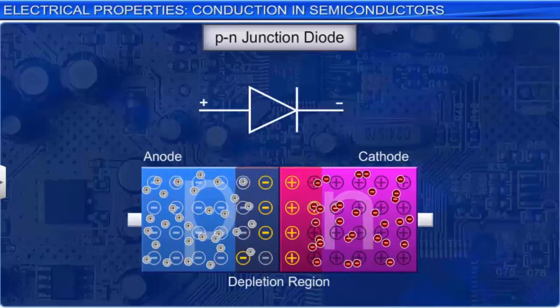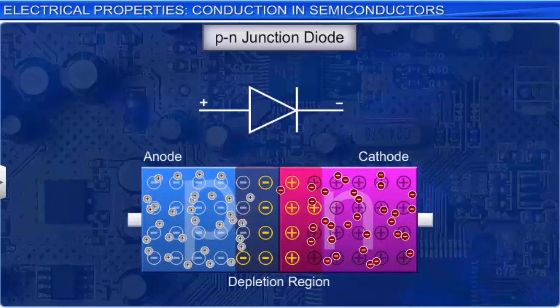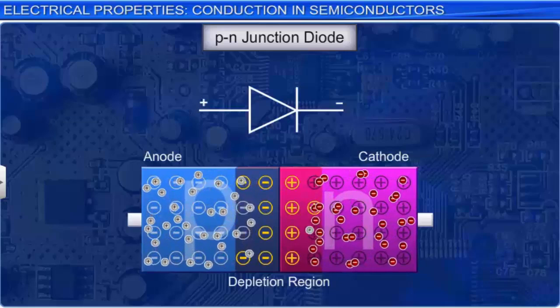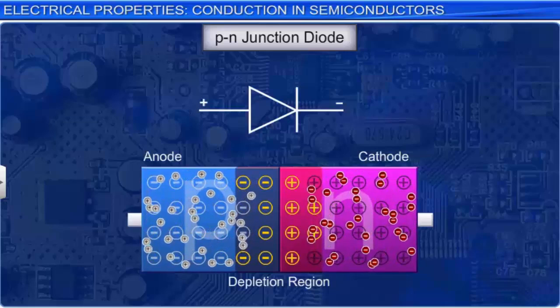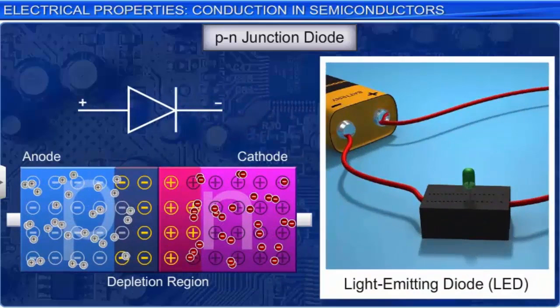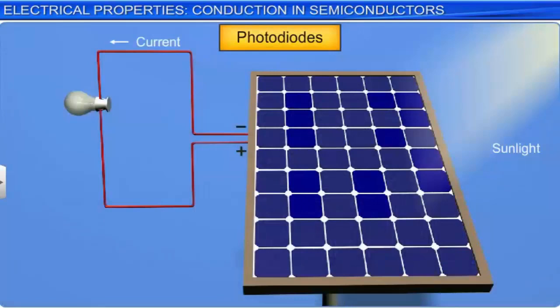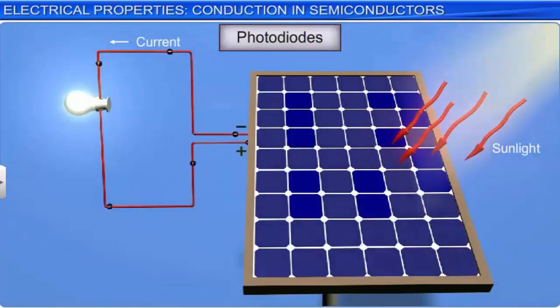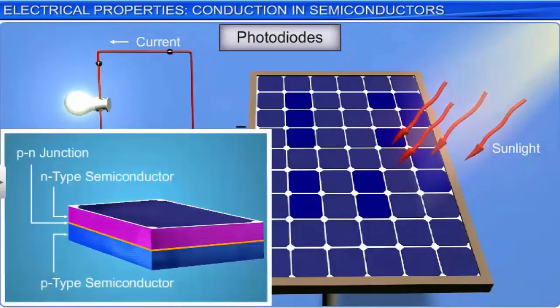In the depletion region, P-type holes recombine with N-type free electrons, allowing current to pass. In a light-emitting diode, LED, this current produces light. A photodiode converts light into electricity. The common, traditional solar cell used to generate solar power is actually a large area photodiode.